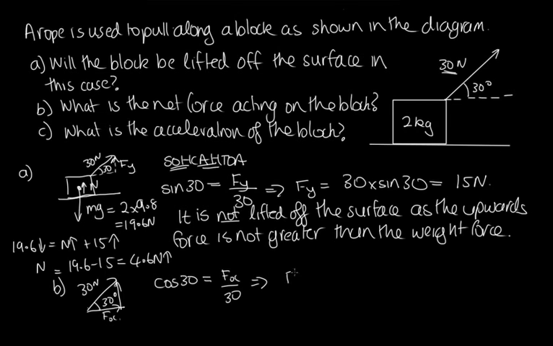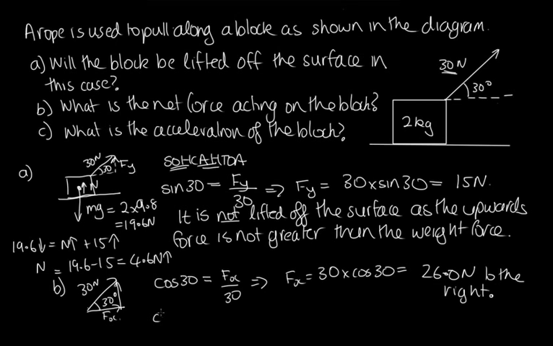So this tells us that Fx is equal to 30 times cos 30, which is equal to 26.0 newtons. And this is also the net force. So in this case, this is to the right. We need to give a direction as a force is a vector.